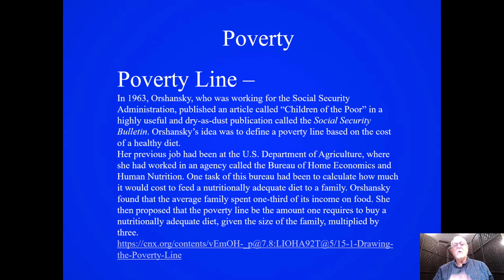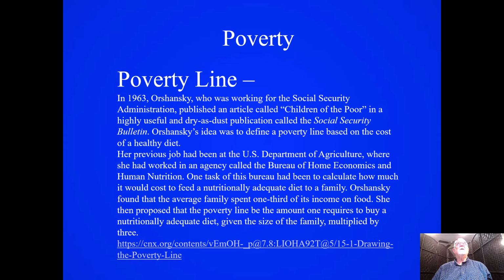Now, certainly an important thing to come up with is how do we measure people that are in poverty, mainly for the government to provide assistance, right? Well, in 1963, a worker for the Social Security Administration, Mollie Orshansky, published a book called Children of the Poor. Orshansky's idea was to define poverty based on the cost of a healthy diet.